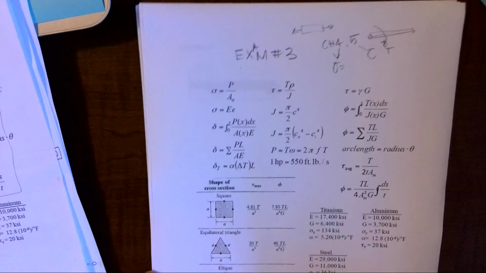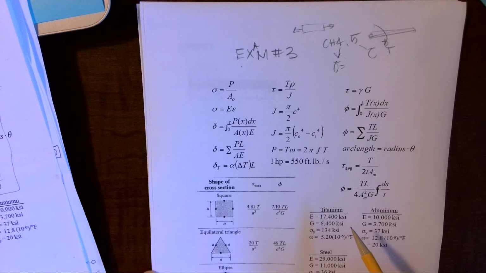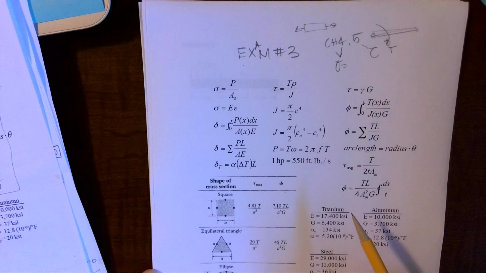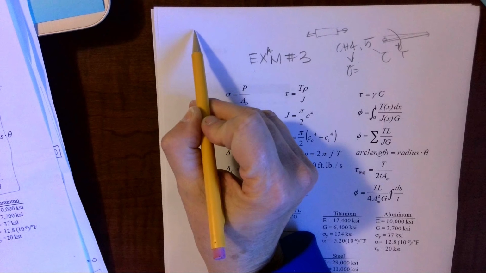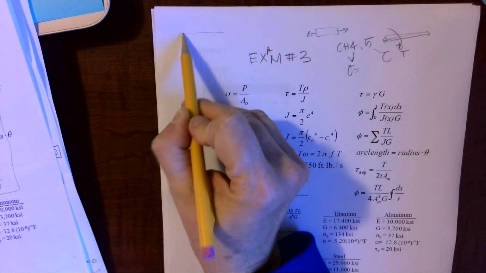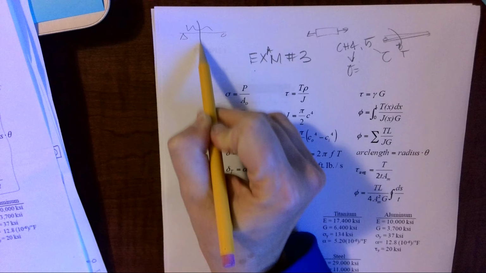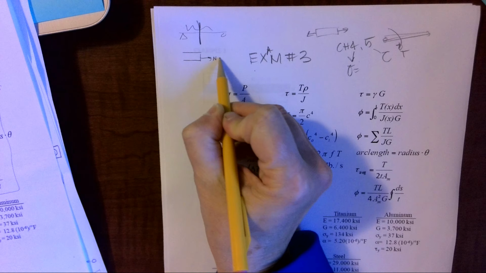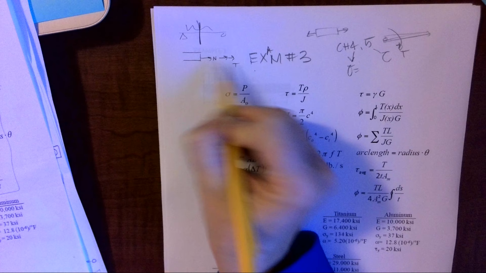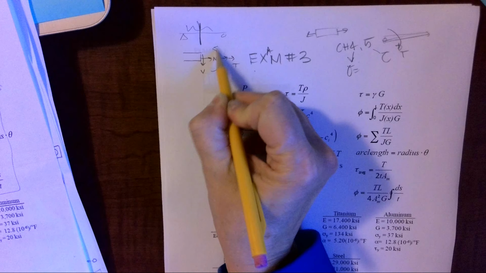So we need to be able to recognize if we're looking at a normal force, normal stress situation or a torsion torque situation. So again, if I have a beam that's loaded and I cut it and I want to see internally what's going on, I could have a normal force, I could have torsion, I could have beam shear, and I could have a bending moment.